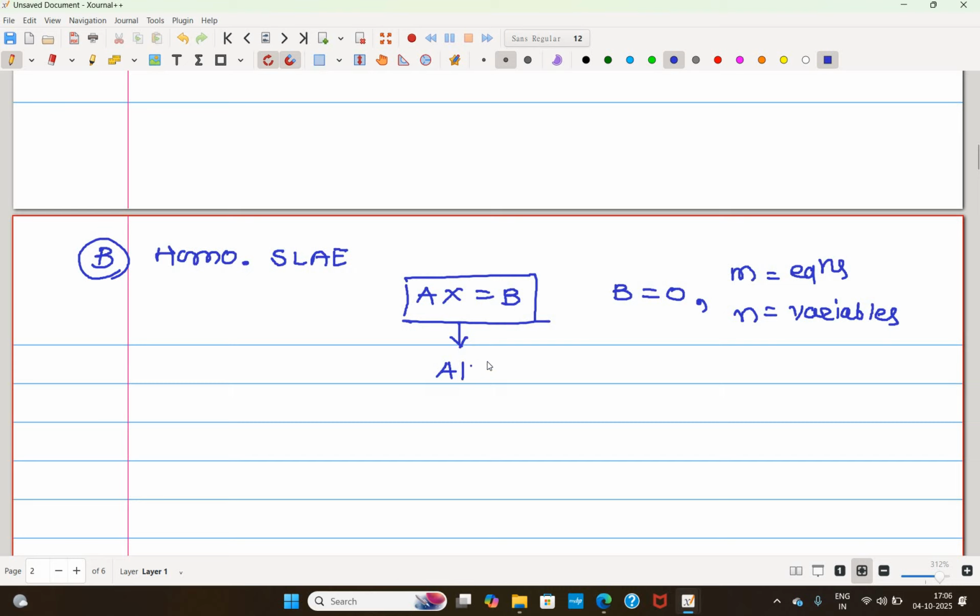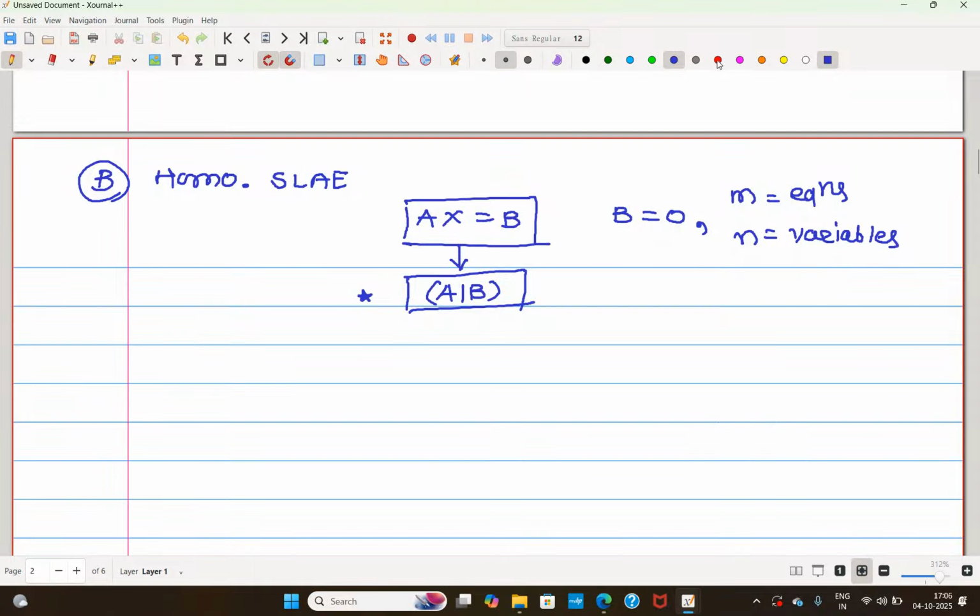A and B joined together, which we call the joined matrix or augmented matrix. But I will put a star here, and all of you can answer after discussion of this point whether the augmented matrix is needed for a homogeneous system of linear algebraic equations or not. Okay, why am I asking? Let me elaborate here.